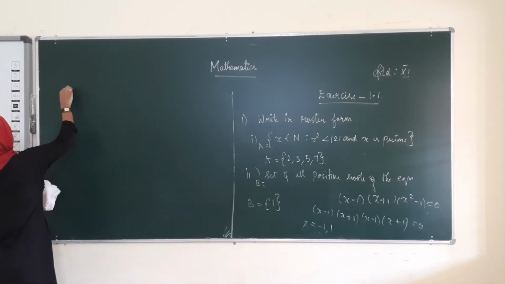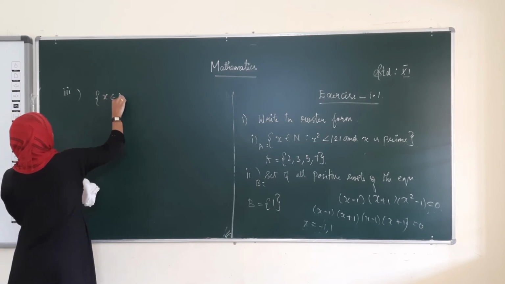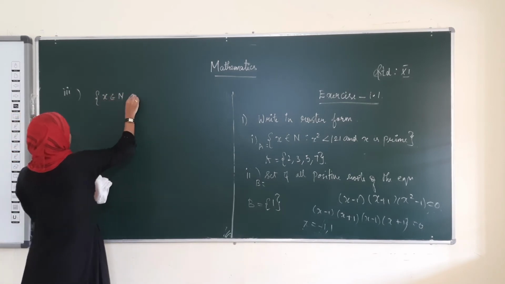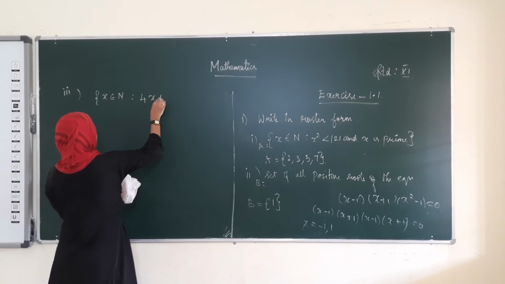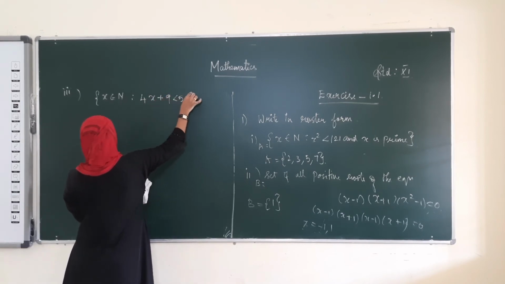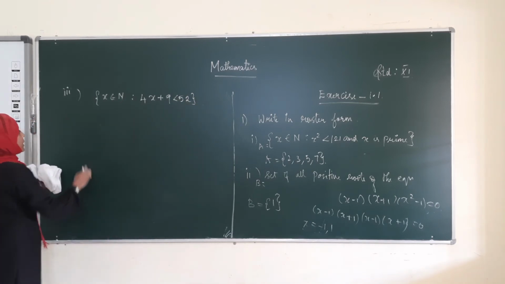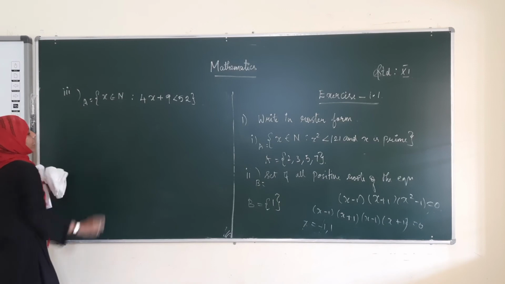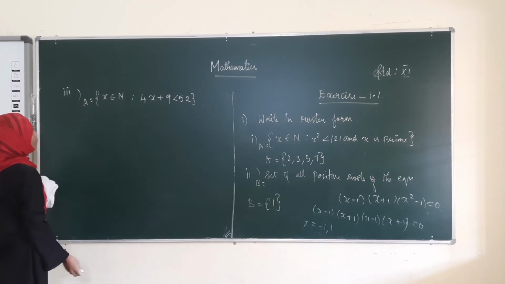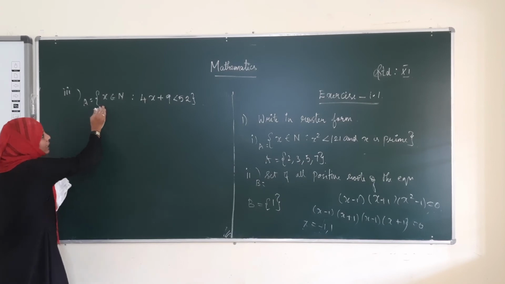Third subdivision. What is the third subdivision? x belongs to N such that 4x plus 9 less than 52. Okay. Let us take this set as A. The elements of A should be x, in the natural numbers.